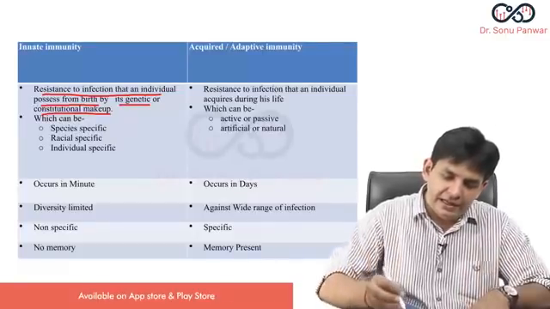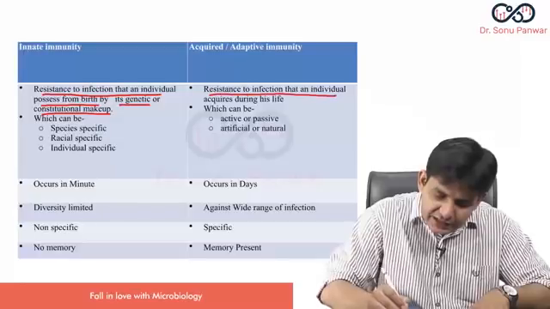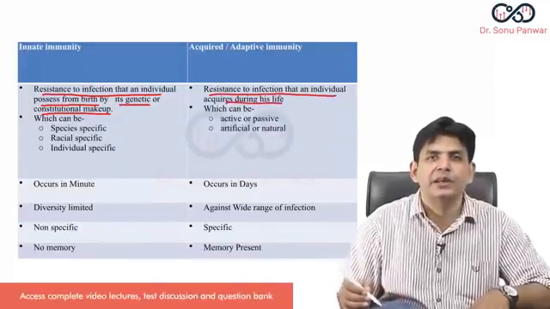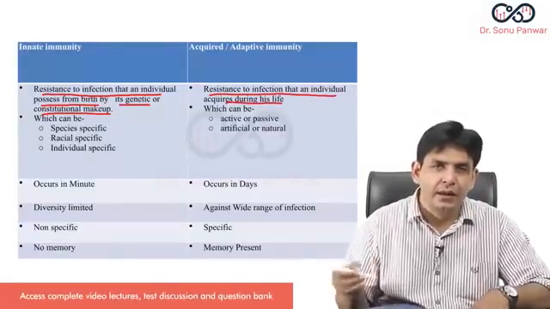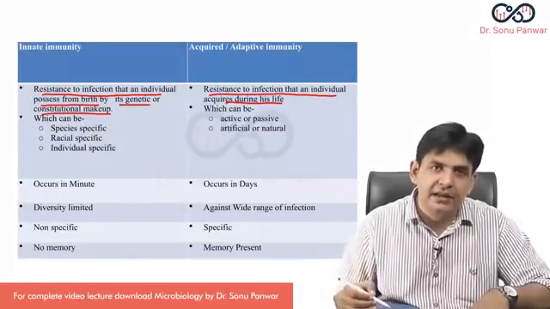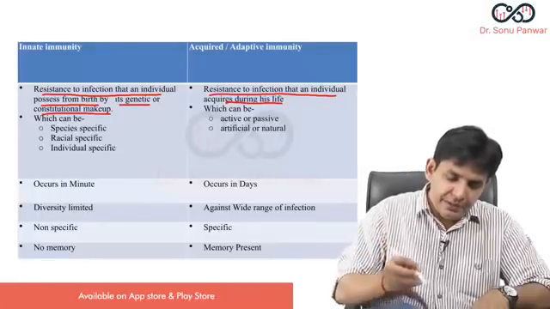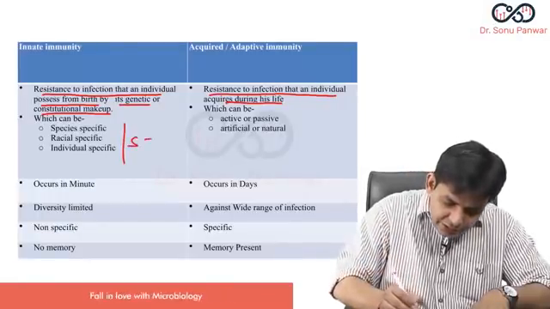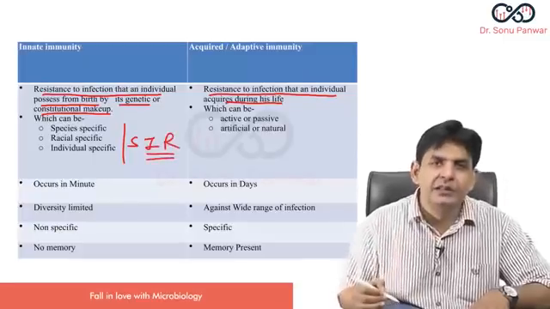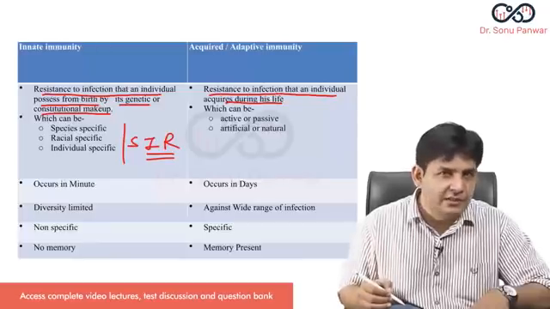Whereas the adaptive one is what? It is resistance to infection that an individual acquires during his life. That is not gifted, you have to acquire it. That is termed acquired or adaptive immunity. Remember guys, I have already told you this is SIR: species specific, individual specific and race specific.